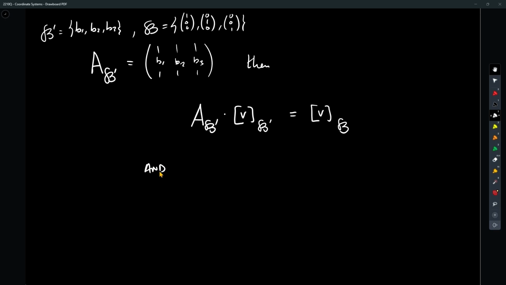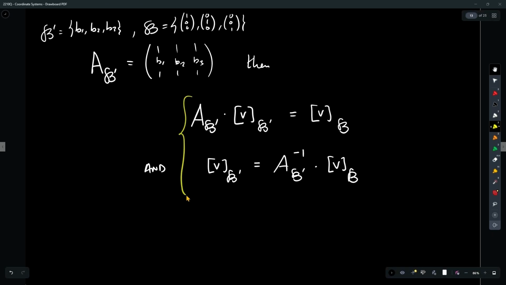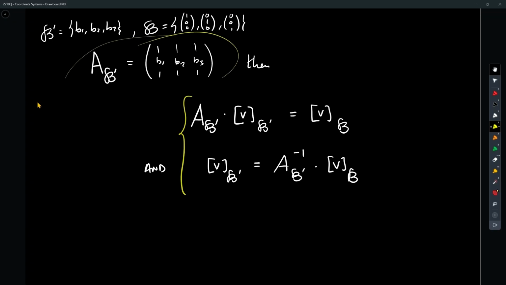And if I multiply by the inverse matrix, the coordinates with respect to B prime will be this inverse matrix times the coordinates with respect to the canonical basis. So these two equations tell me that if I find this matrix and its inverse, then I can convert from the canonical basis to this new basis, and from this new basis to the canonical basis. So we can try to do that.